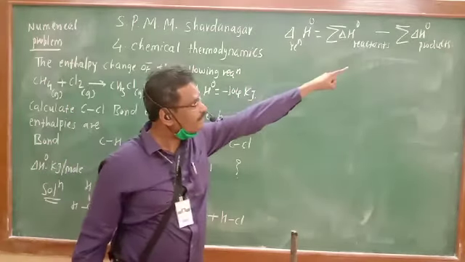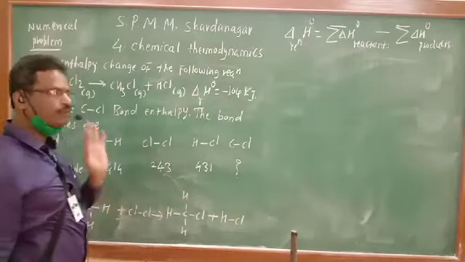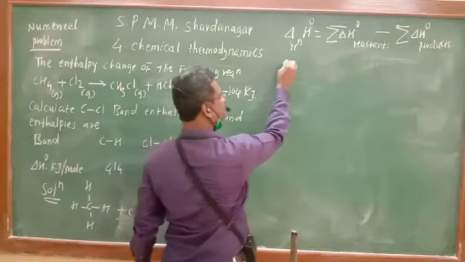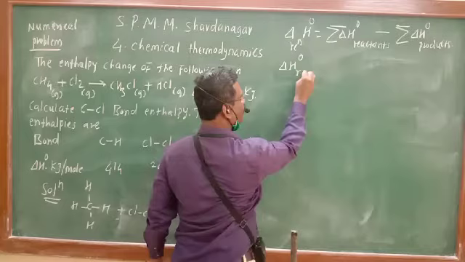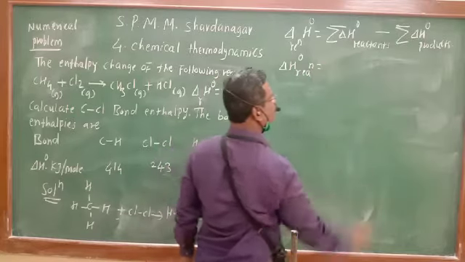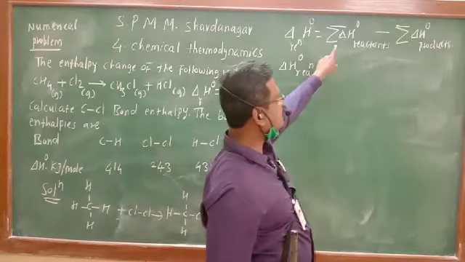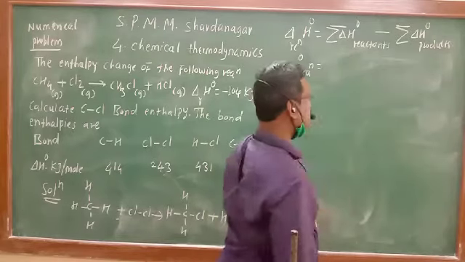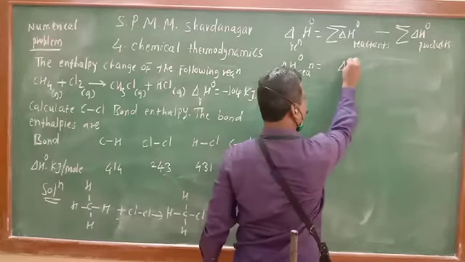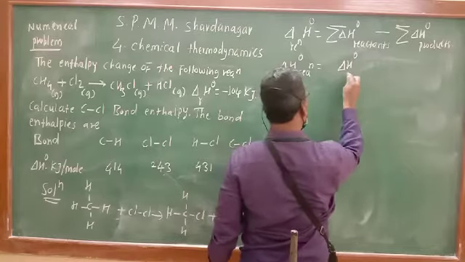Now, reactants and products, from this we have to write. It is like this. Delta H under standard conditions of reaction will be equal to the summation of delta H naught of reactants.